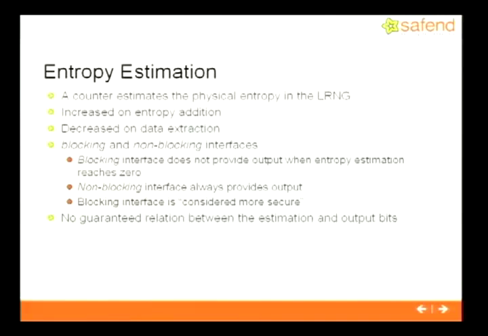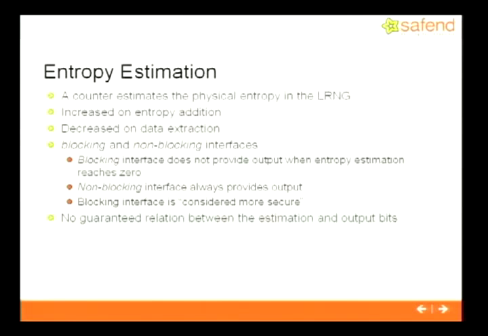So to implement this, there is a counter called entropy estimation, which measures how many different bits of entropy came from the operating system and entered the pool, the entropy pool, and whenever you extract, this counter is decreased.